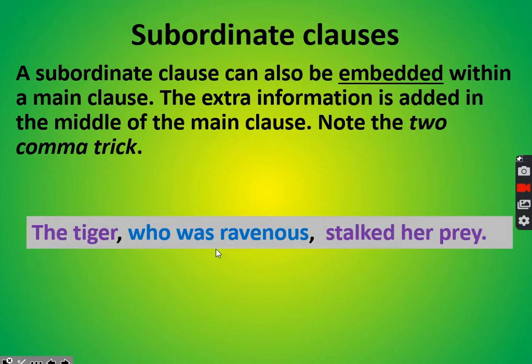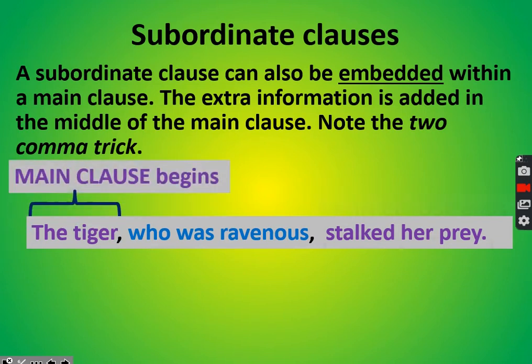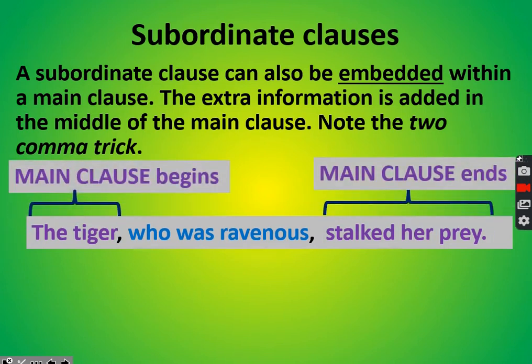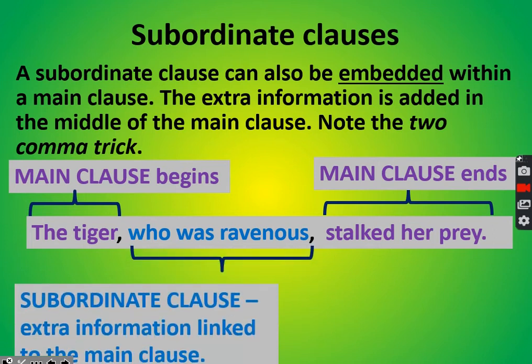The tiger, who was ravenous, stalked her prey. If I was to take out this part here, remember, it would still make sense. The tiger stalked her prey. It still makes sense. This extra information, this subordinate clause, cannot stand on its own. It's not strong enough to be on its own. And again, I've highlighted that by using the two commas.